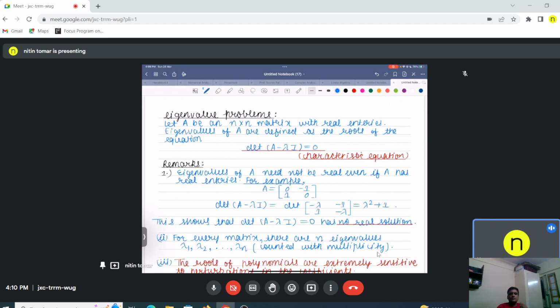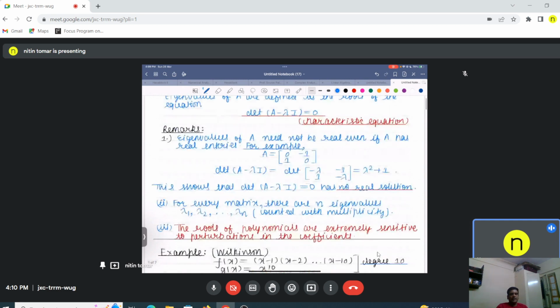An eigenvalue is nothing but a solution of the characteristic equation given by determinant of A minus lambda I is 0. We saw that eigenvalues need not be real even if A has real entries, and for every matrix A there are n eigenvalues, and these eigenvalues can very well be complex numbers.